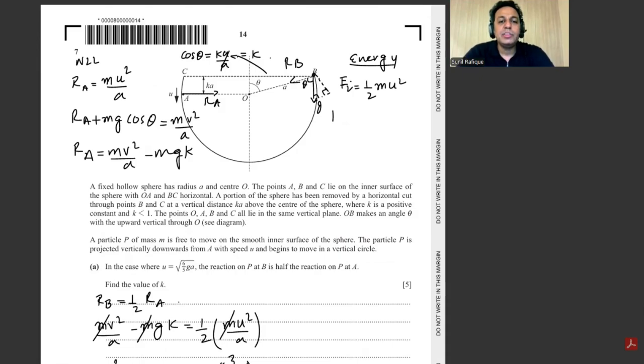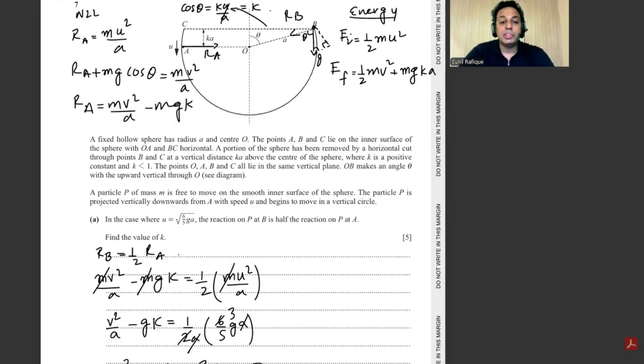But the energy final, on the other hand, is going to be 1/2 mv squared, and there will be a gain in the potential energy as well, which is mgh, but I'm writing ka since I can see the height is ka.